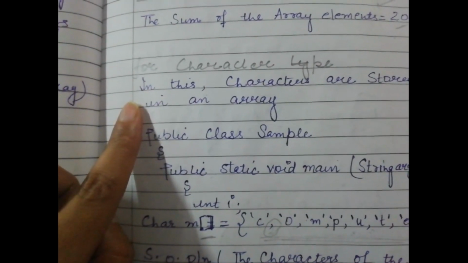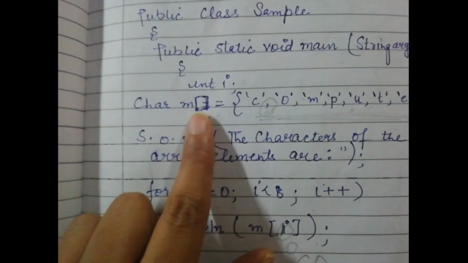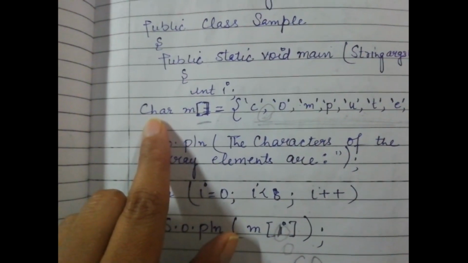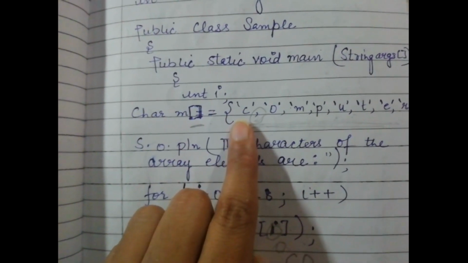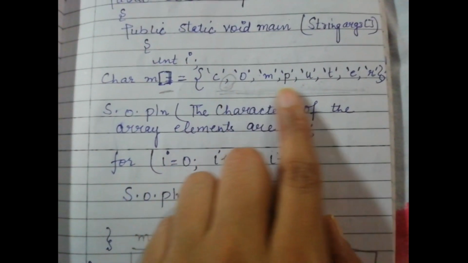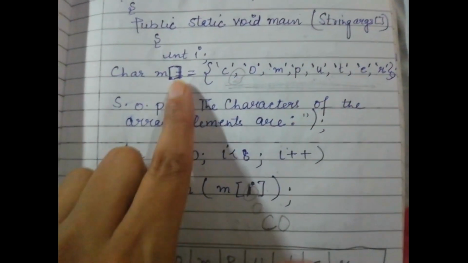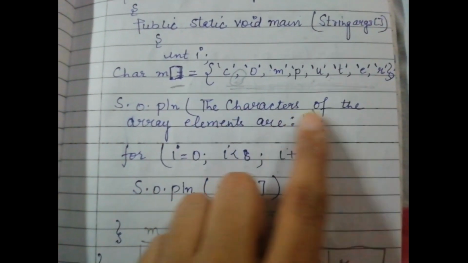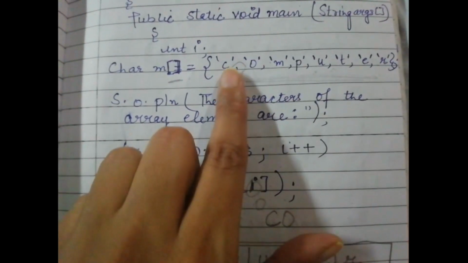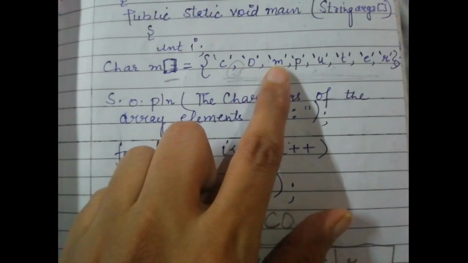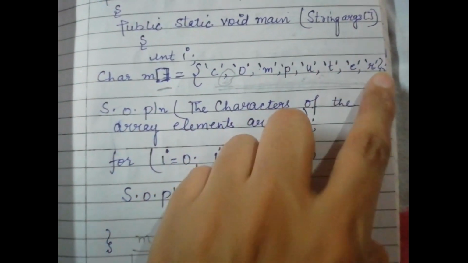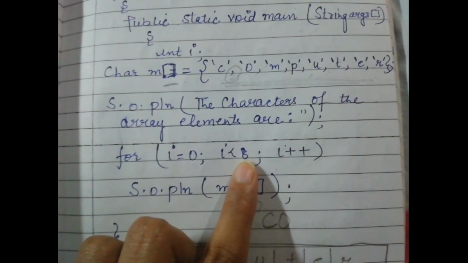After this, for the character data type, here we have an array of type character. So you have assigned COMPUTER to the M array. These are the characters, and this is the print statement. How many characters are there? 1, 2, 3, 4, 5, 6, 7, 8. From 0 to 7.